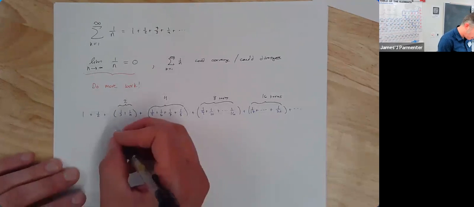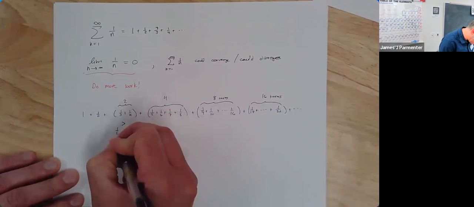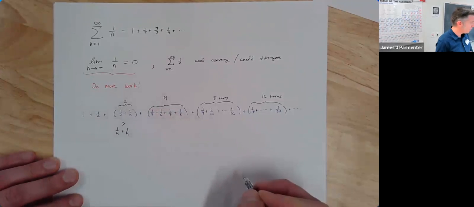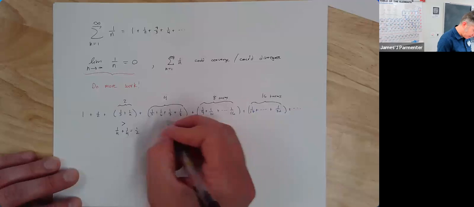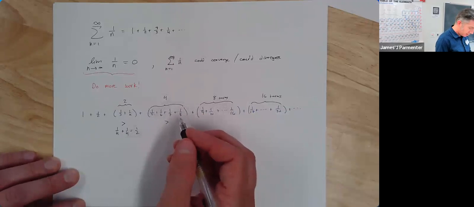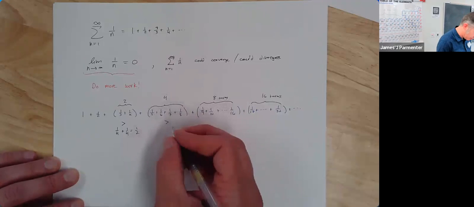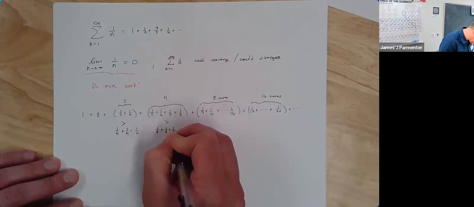Okay, so this whole thing right here is bigger than a fourth plus a fourth. What's a fourth plus a fourth? A half. And each of these terms is bigger than 1/8. So 1/5 plus 1/6 plus 1/7 plus 1/8 is bigger than 1/8 plus 1/8 plus 1/8 plus 1/8.